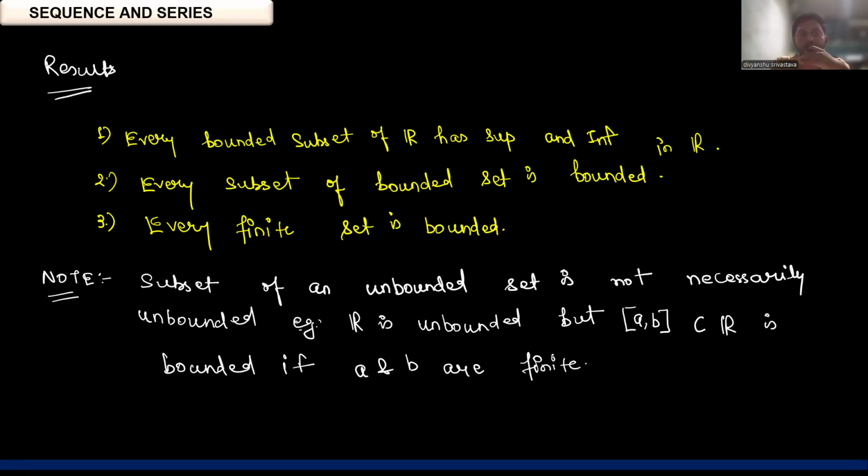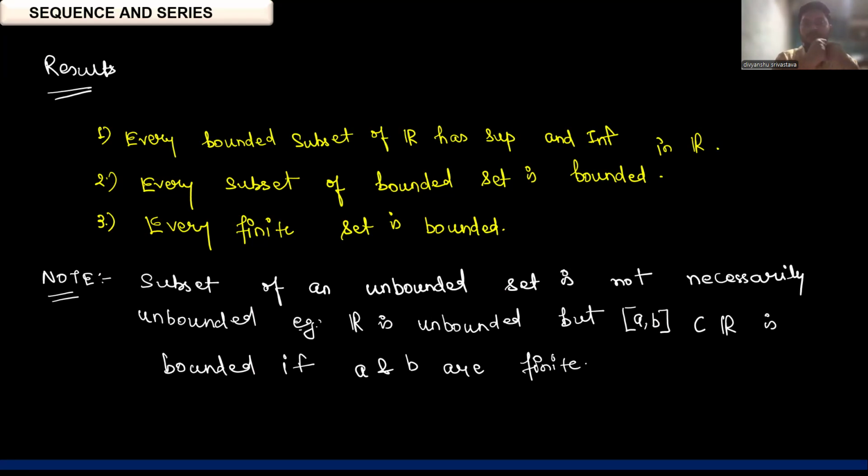So first result says that every bounded subset of R has supremum and infimum in R. Second point says that every subset of a bounded set is bounded. And third point says that every finite set is bounded. So lastly, my observations say that every bounded subset of R has supremum and infimum.